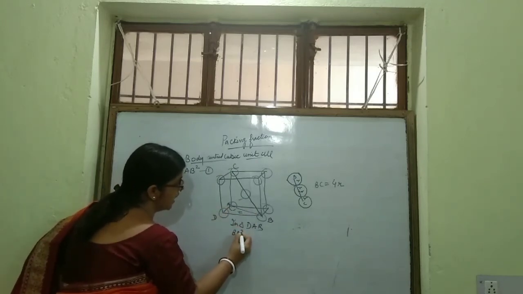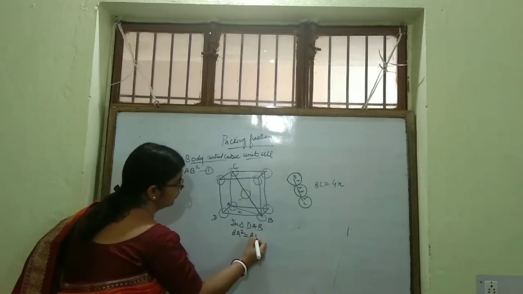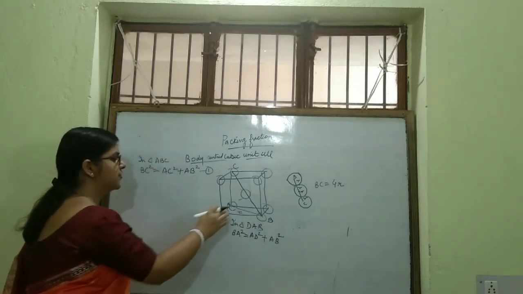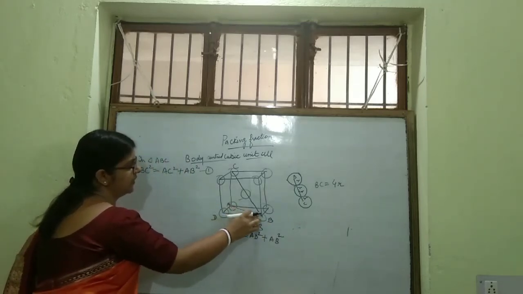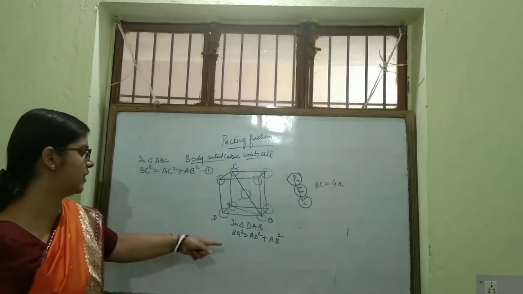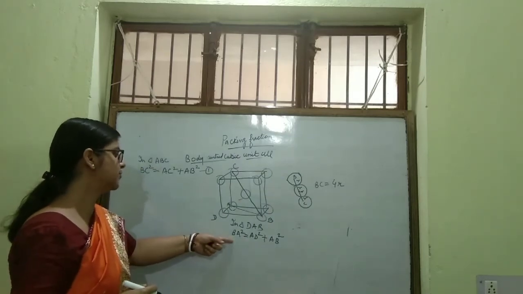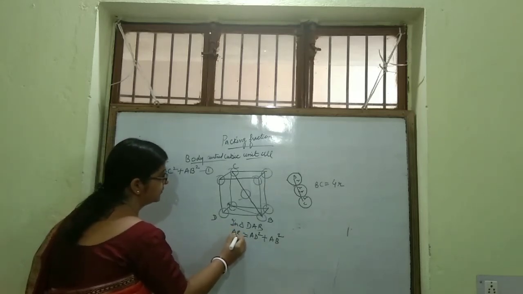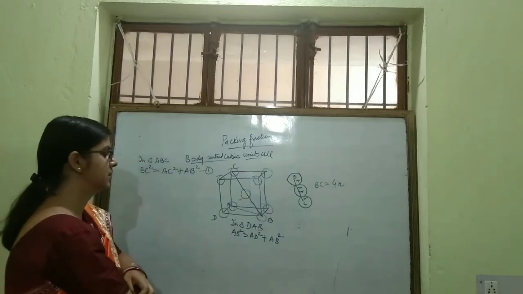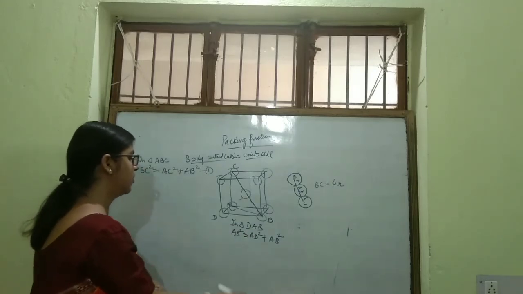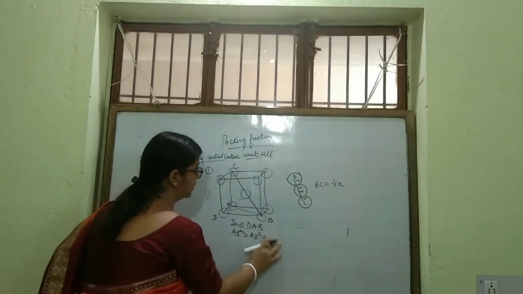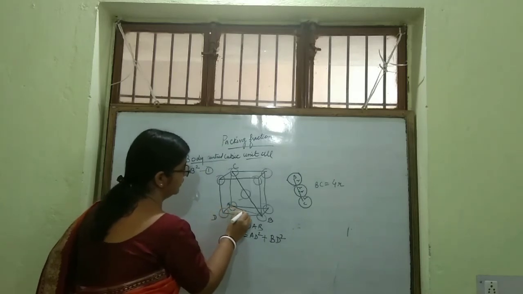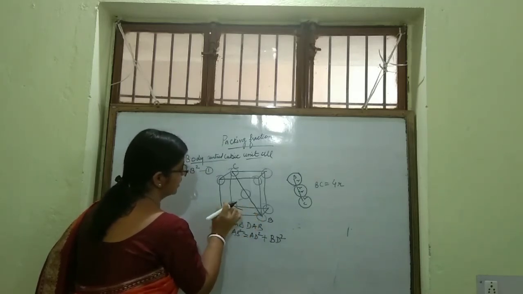So AB² is equal to AD² plus BD². Better to write AB². AB² is equal to AD² plus BD².